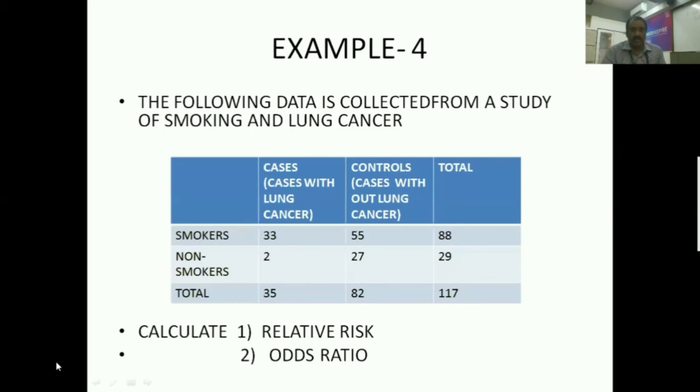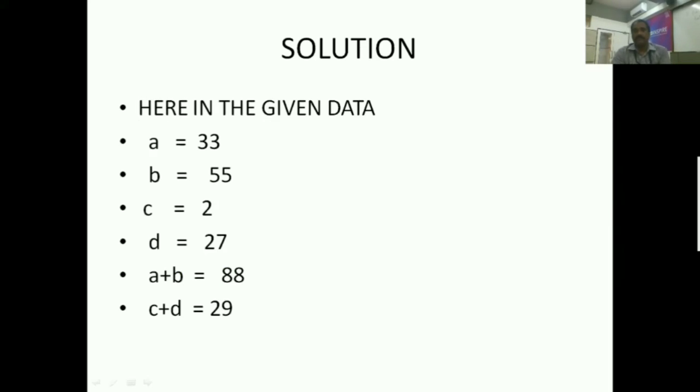So if you see here, we have already done this example. These are the values. A is 33, B is 55, C is 2, and D is 27, and A plus B is 88 and C plus D is 29. So this is the data provided for you.